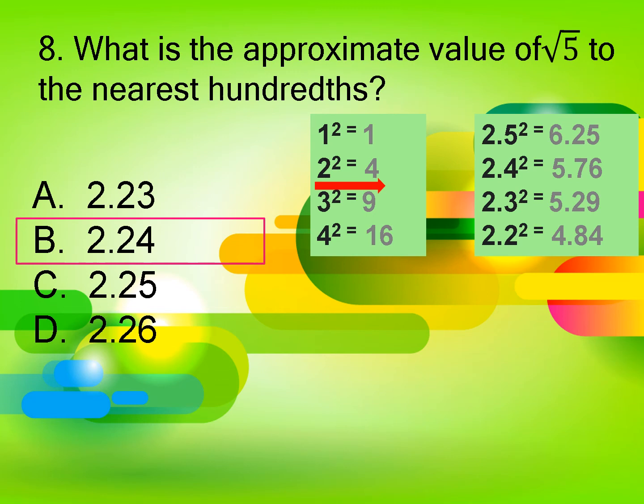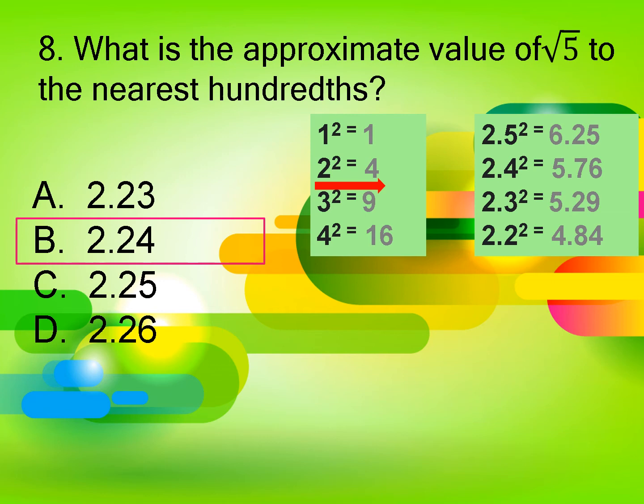So remember that there are decimal numbers between 2 and 3. We have 2.1, 2.2, 2.3, 2.4, 2.5, 2.6, 2.7, 2.8, 2.9, and then 3. So we'll begin with 2.5 so that if the result is greater than 5, then we will go lower than 2.5.